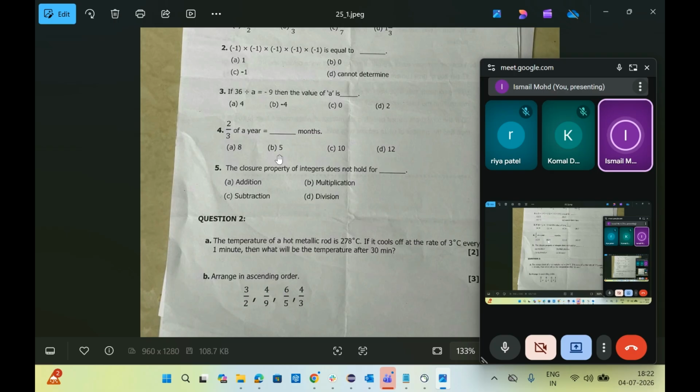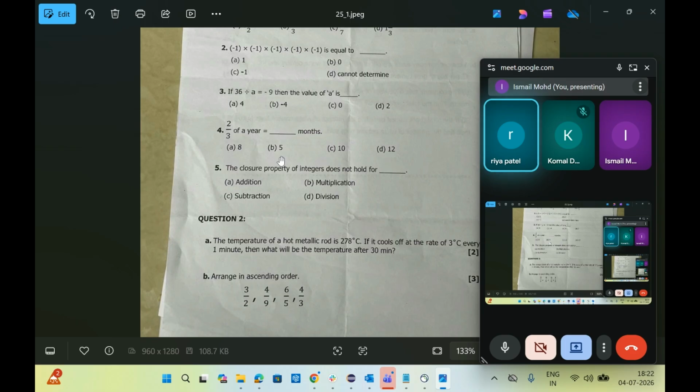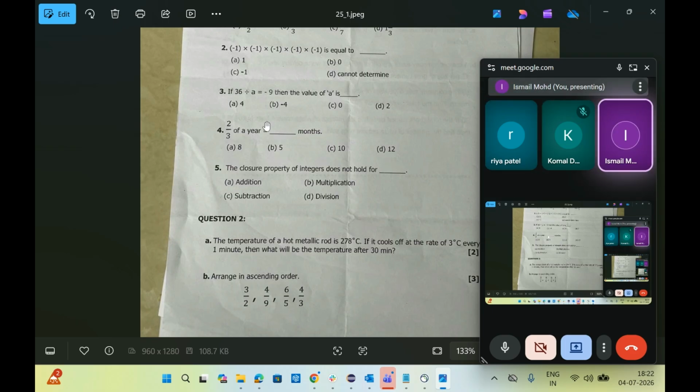So what is the answer? See, 36 by A is equal to minus 9.